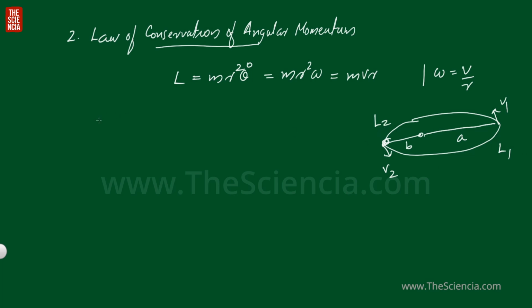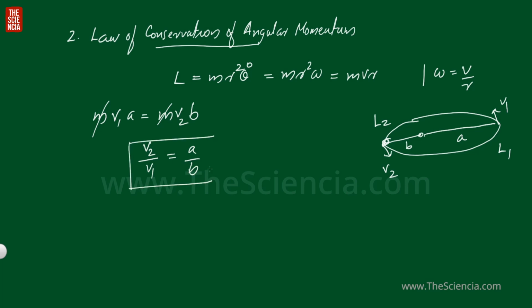So we can write m v1 a is equal to m v2 b. So we can cancel this m and we get v2 by v1 is equal to a by b. That is, v2 is equal to v1 into a by b.